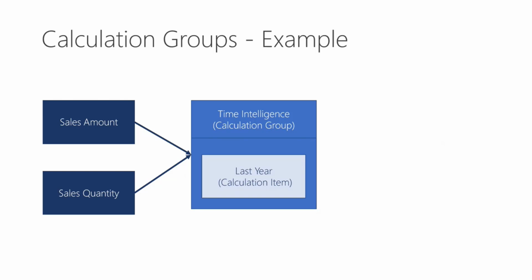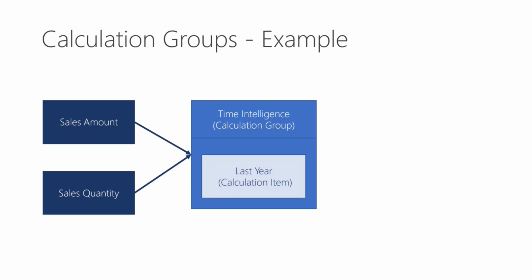And what actually happens is that the base measures sales amount and sales quantity would refer to this calculation item, last year, in the calculation group time intelligence to provide last year level analytics. That's typically how it happens.